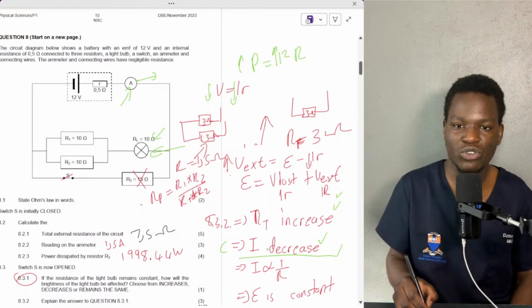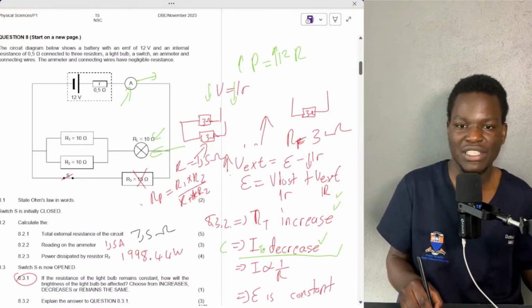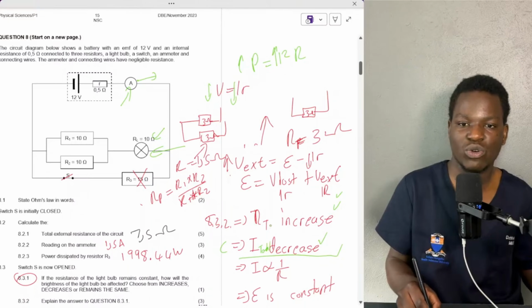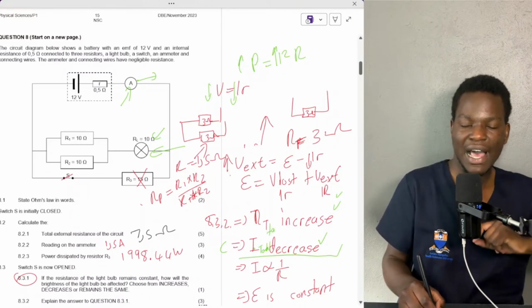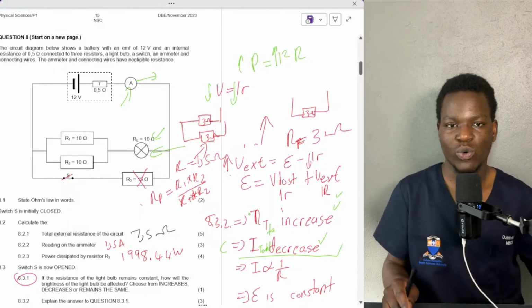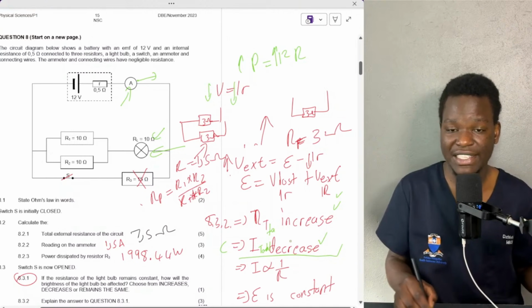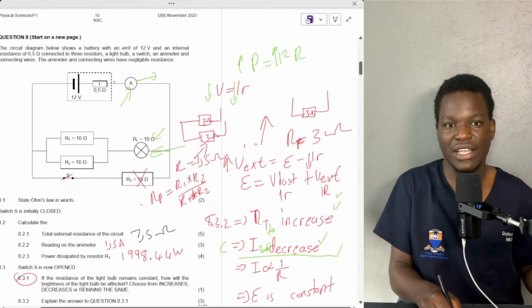But we don't use this, which measures the total. Actually, you must say total here. That's why I said R total and I total. So you must know where to end. But if they were asking about this one, you could be correct, because this is the current across this one.